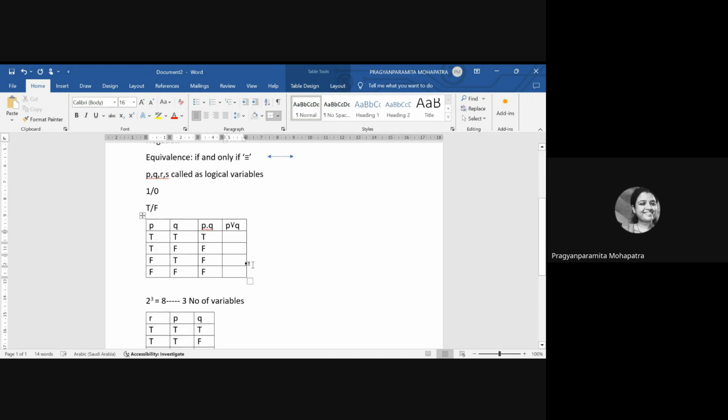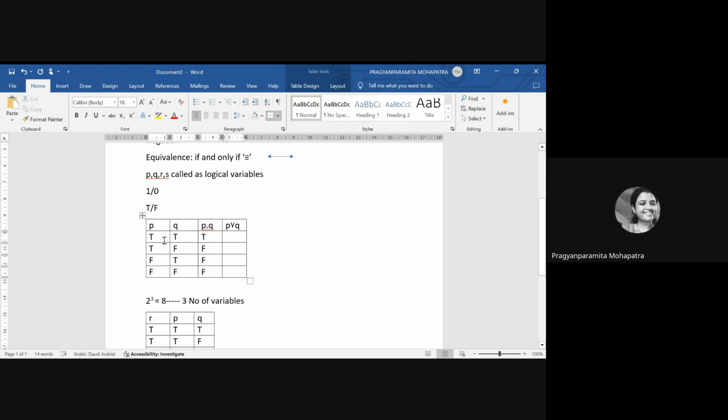Okay. Now, what is the truth value of P disjunction Q, or P or Q? So, P or Q will be true if any one of its disjuncts is true. Either P is true or Q is true, then P or Q will be true, otherwise false.